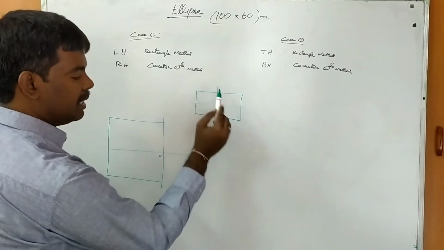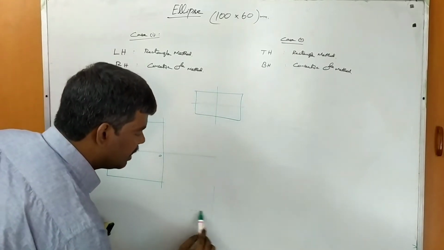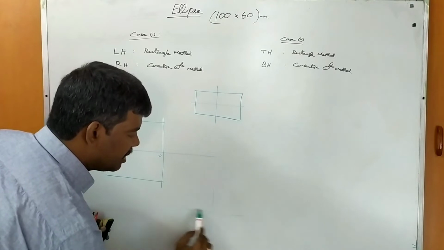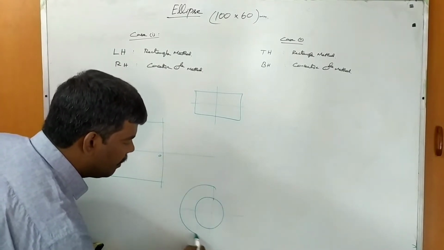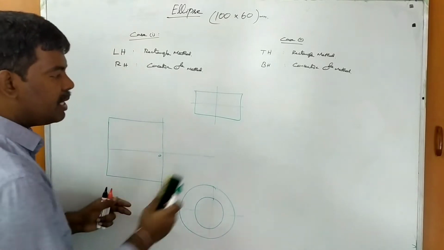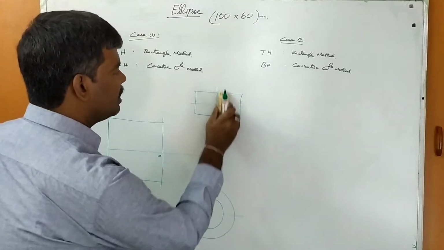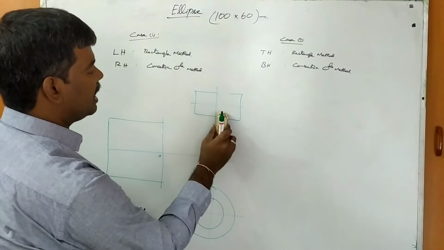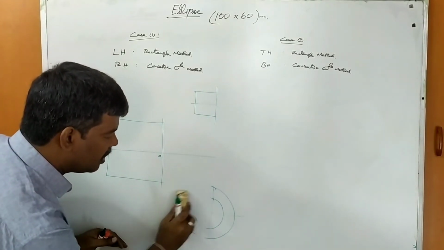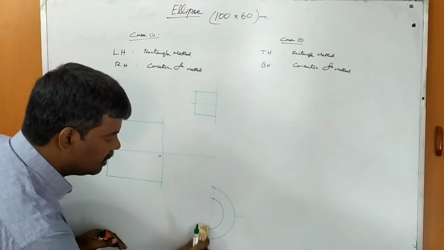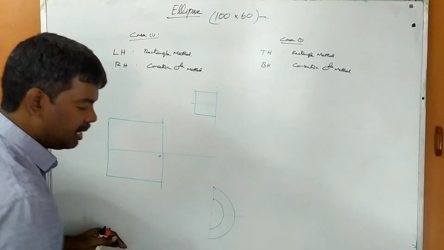Clear? So first, you already know the rectangle method of ellipse, total 100 into 60. Similarly, for the concentric circle method, 100 mm diameter major axis and 60 mm diameter minor axis, you draw that major and minor axis. Now it is a combination, so for example the left half is rectangle: you consider the left half as a rectangle and the right half as a concentric circle. Clear?